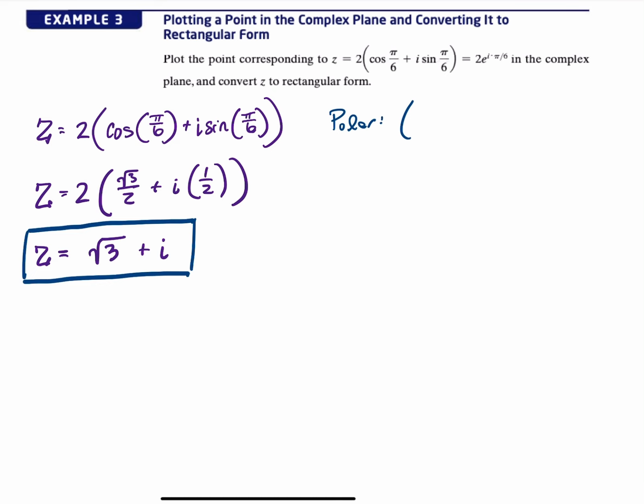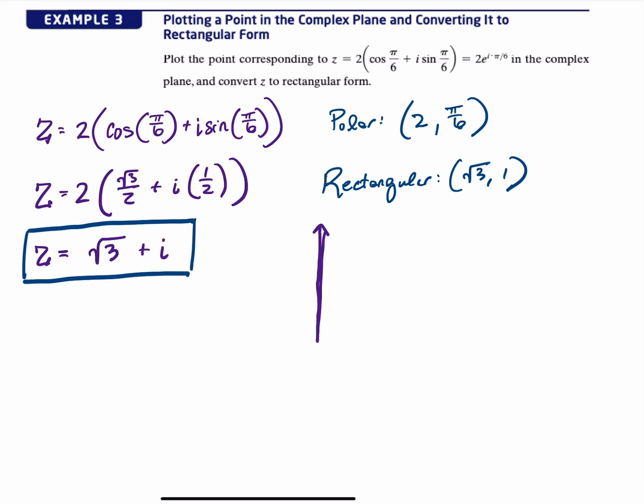Our polar coordinate is r theta, so the r value was 2, and theta is pi over 6. Our rectangular coordinate, we can treat it as root 3, positive 1, with that 1 going into the imaginary axis, into the complex plane.